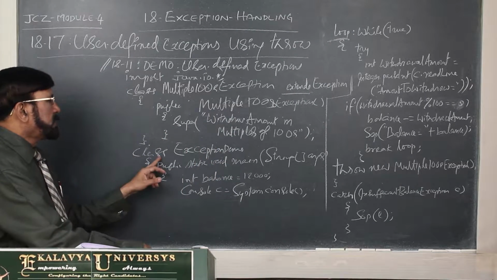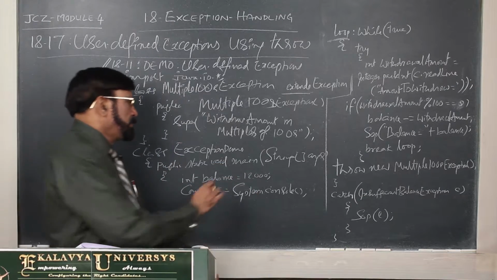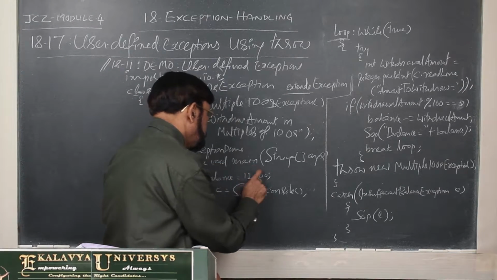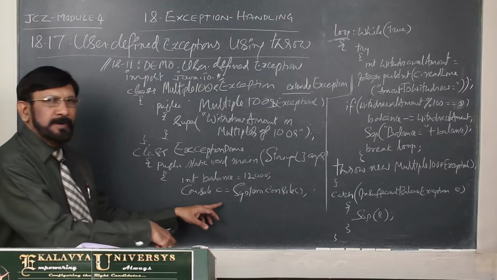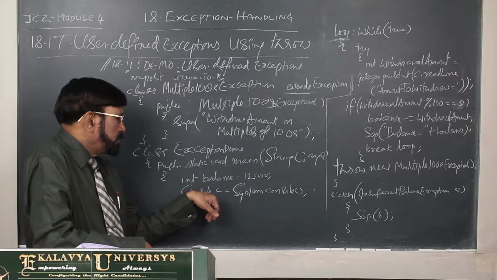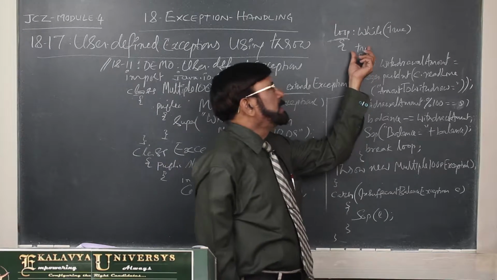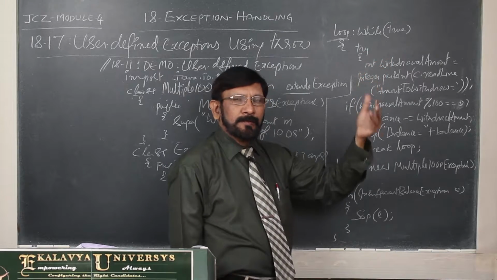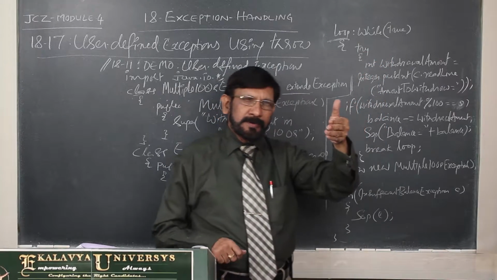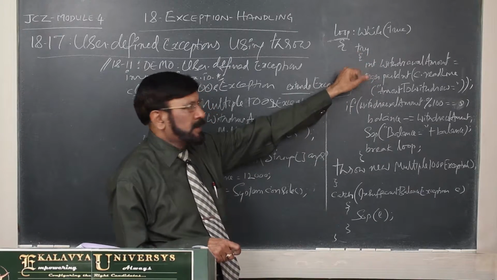Okay. Thereafter, class ExceptionDemo and main, and now also we are giving 12,000 rupees balance, and thereafter for the input statement for entering the amount we are using the Console class, and here see the try block, where the exception-prone code is there, that you must write in a try block.